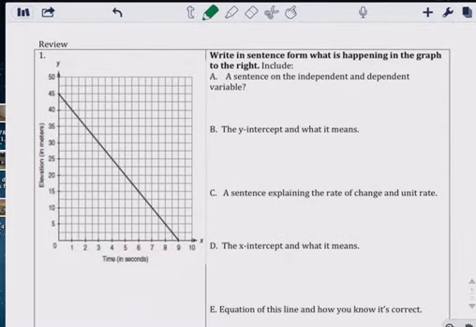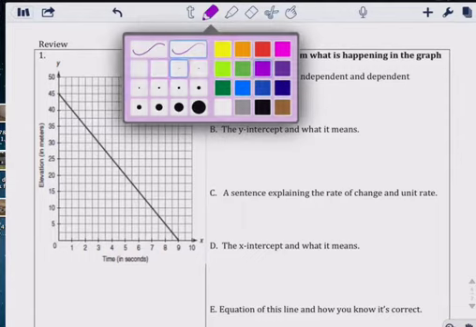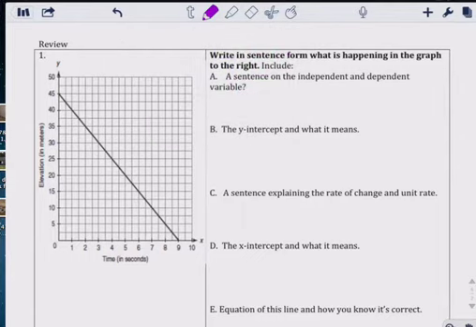Okay, review. Hey, this will help you for your test. Yay, that's just like your warm-up question. Again, I'll just cut the warm-up question that I explained.